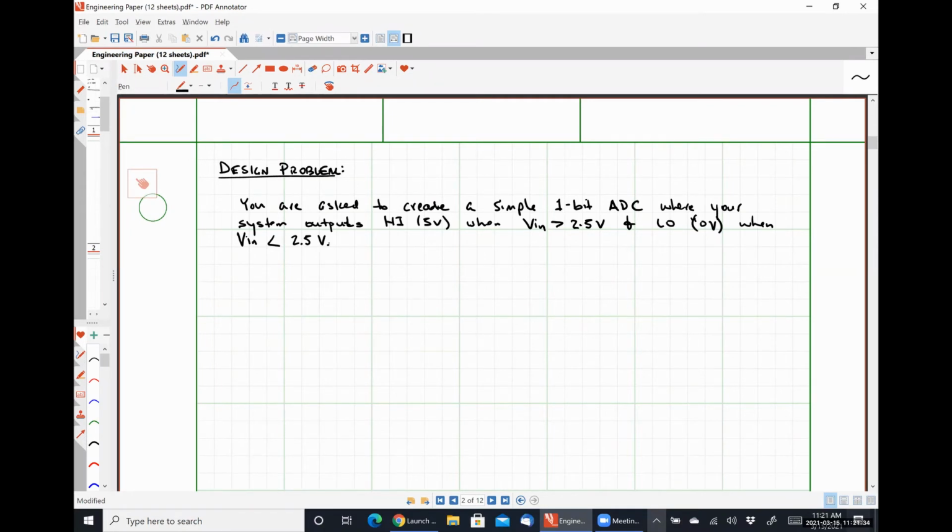How would we go about creating this? It's obviously going to require a comparator circuit, because we are comparing our input signal to that reference value of 2.5 volts, right? So I'm going to start by drawing a basic op amp.